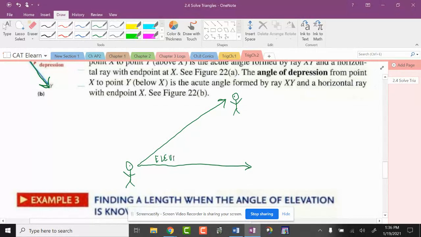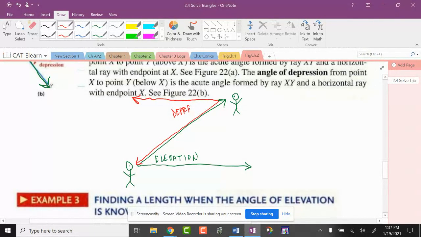And almost nobody misses that. They always draw correctly that it's based off of a horizontal. All right. And then I'm going to change colors, and green and red are good. Here's your angle of depression looking down to me, but then horizontally out. And that's what people mostly miss.